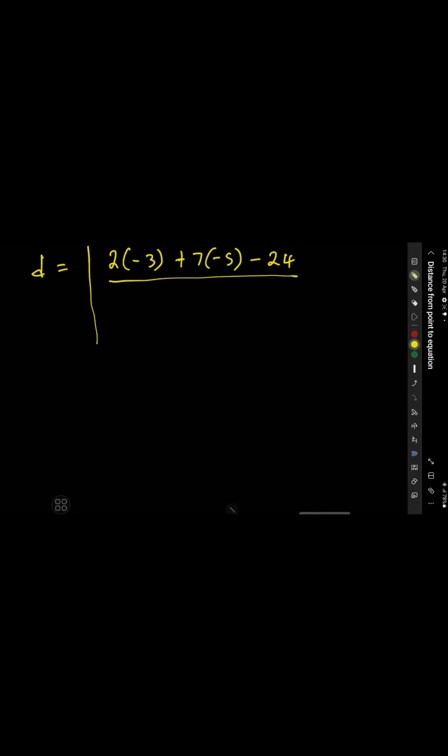With everything over a squared plus b squared, so 2 squared plus 7 squared. Then we simplify. On the top part we'll have 65 over the square root of 4 plus 49, which is 53. Then this is all under modulus.